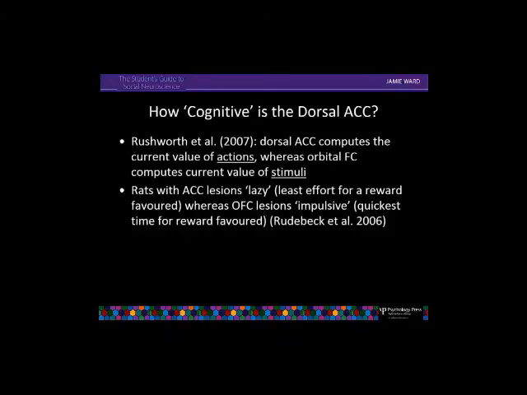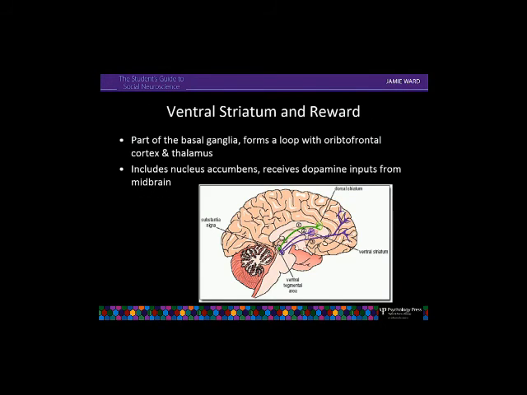So the ventral striatum projects to the orbitofrontal cortex, and it's part of this loop around the basal ganglia. The basal ganglia includes this region called the ventral striatum. In it, you've got this subregion called the nucleus accumbens, which is very important in the reward literature. People here who are studying addiction and so on, it's all about the nucleus accumbens and this circuitry.